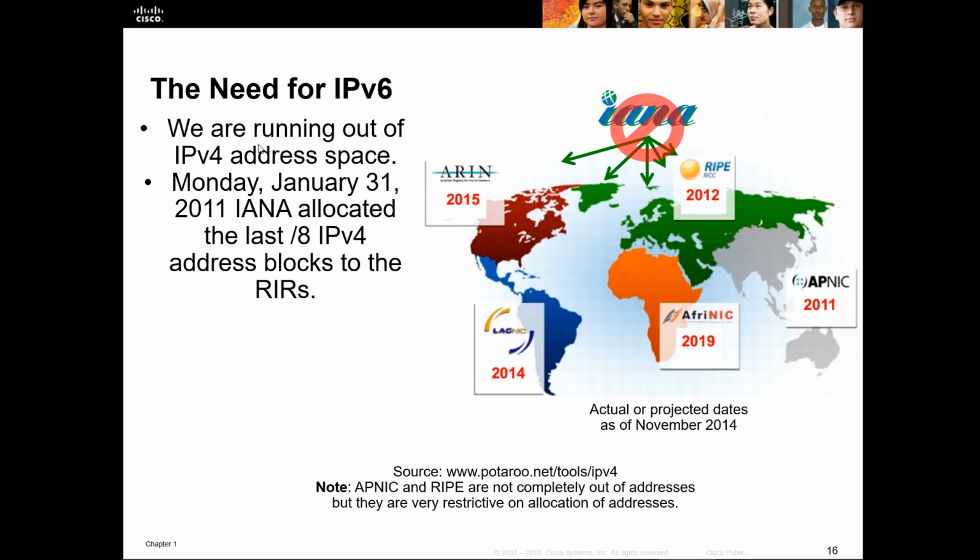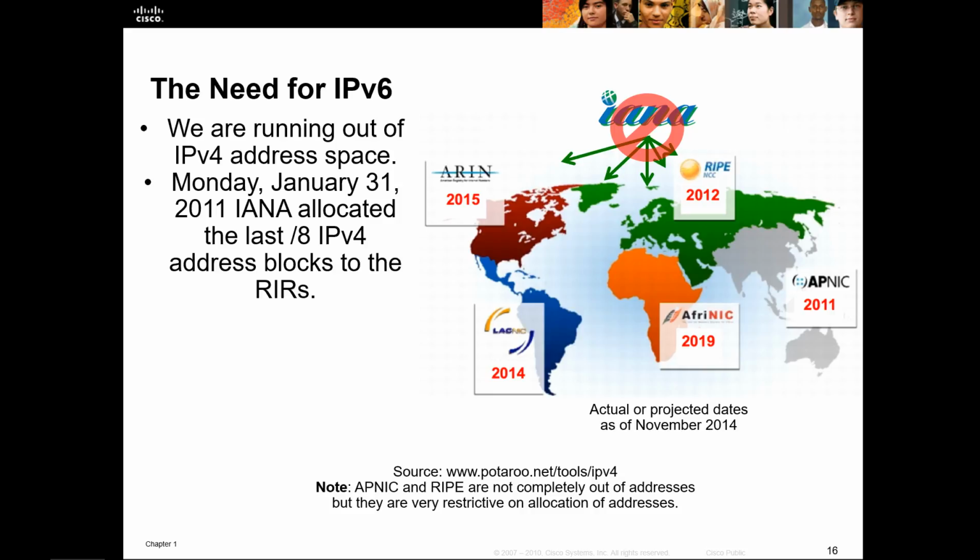On January 31st, 2011, IANA allocated the last /8 IPv4 address block to the RIRs. What is a RIR? RIRs are regional internet registries. They are the ones that actually lease out names and addresses to the appropriate organizations. ARIN deals with Canada, the Caribbean, North Atlantic Islands, and the US.